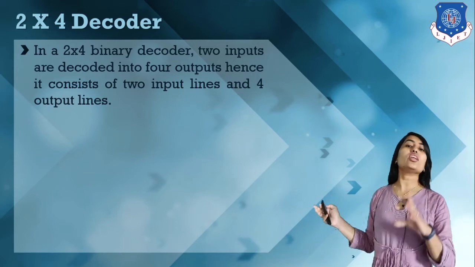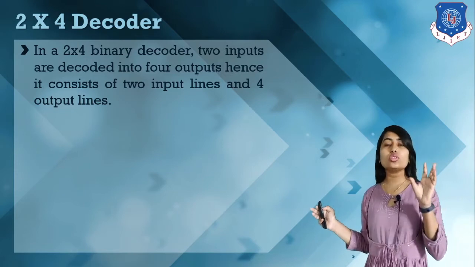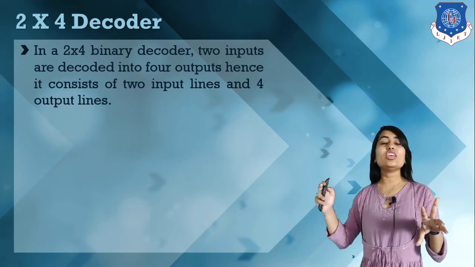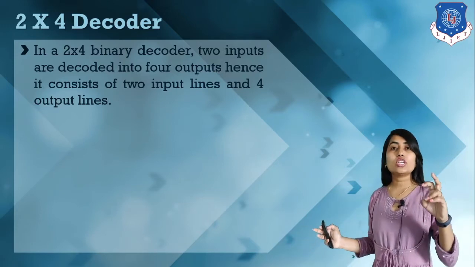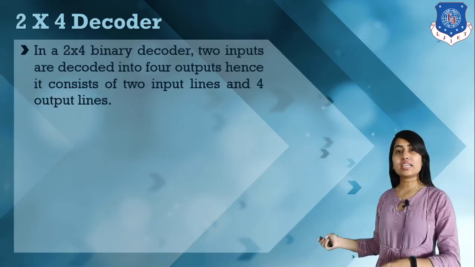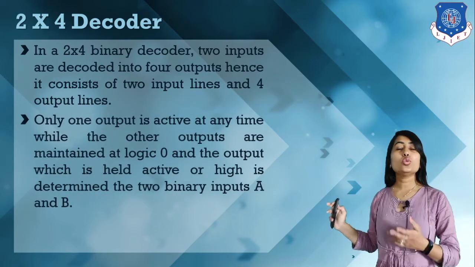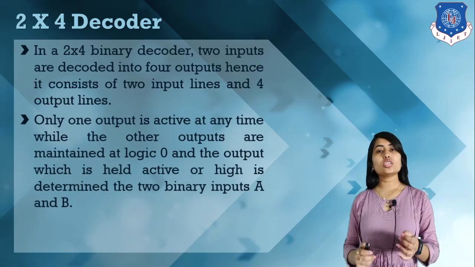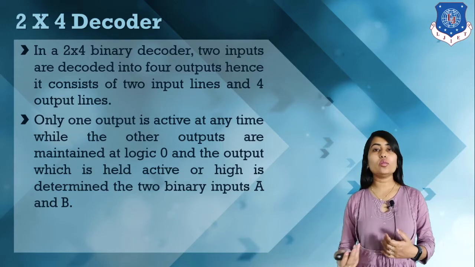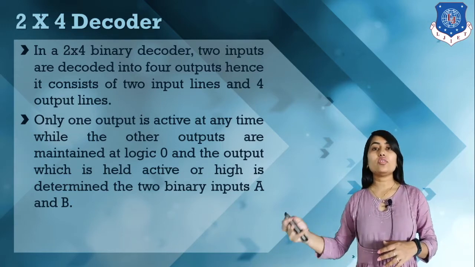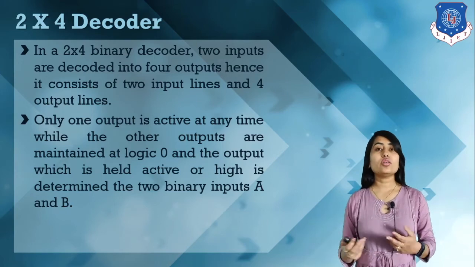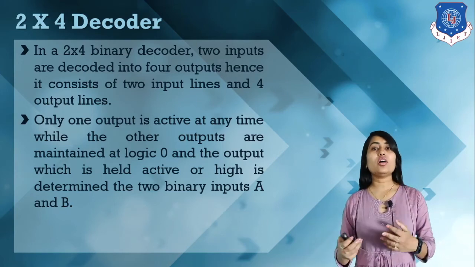According to the combination of input lines, one of the output lines is active. So in the 2x4 decoder we have 2 inputs, A and B, and 4 outputs, Y0, Y1, Y2, Y3. Whatever the values of A and B, we get the output accordingly.